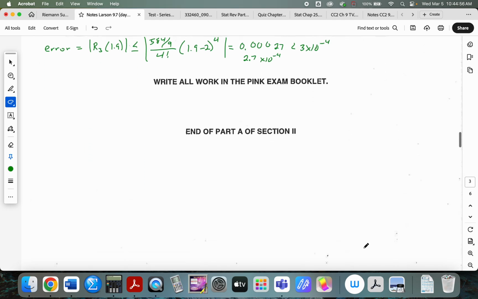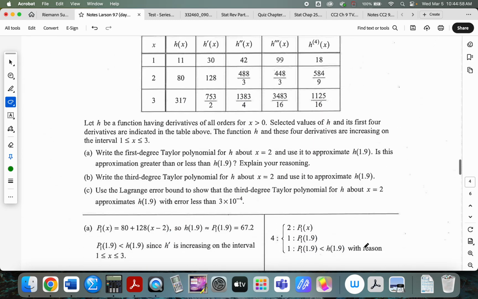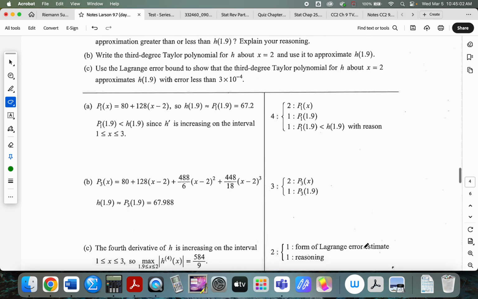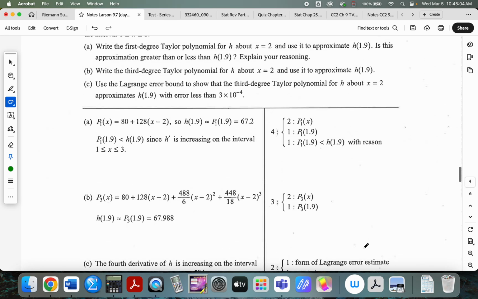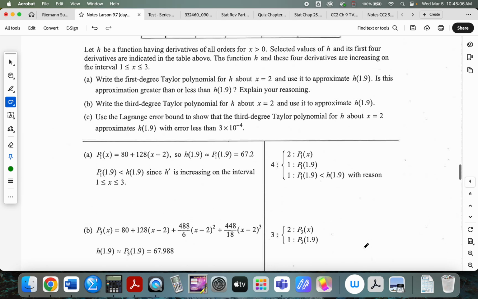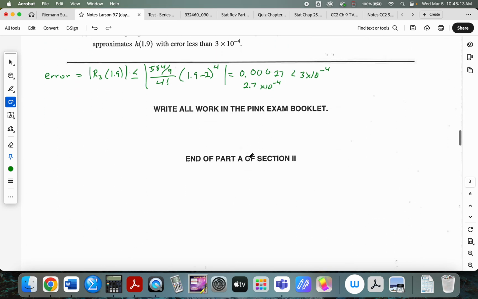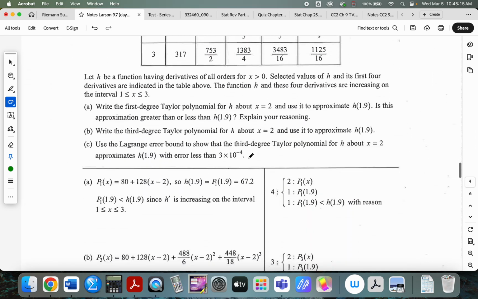All right, let's look at the rubric real quickly. I'm going to point out one thing where I had some sort of violent disagreement with somebody about it. So the first degree Taylor polynomial, we got 67.2, didn't we? Okay, good.